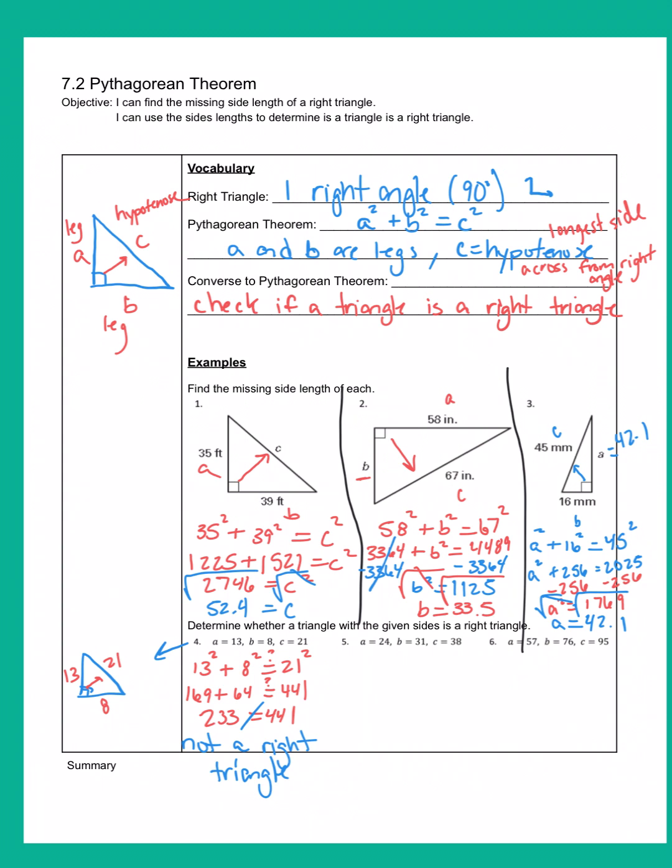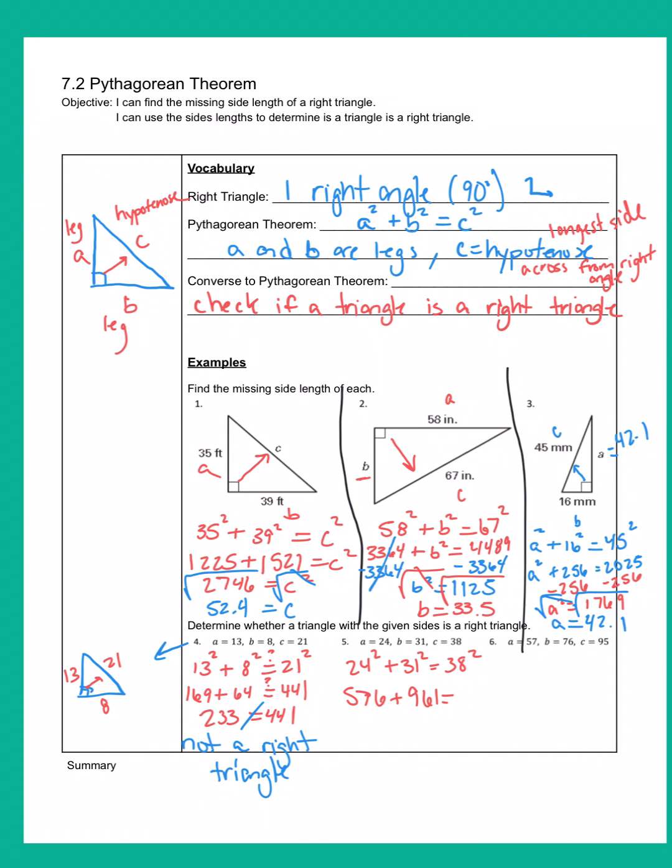So we're going to repeat the same for number 5. 24 squared plus 31 squared equals 38 squared. Do 24 squared first. It's 576. 31 squared is 961.